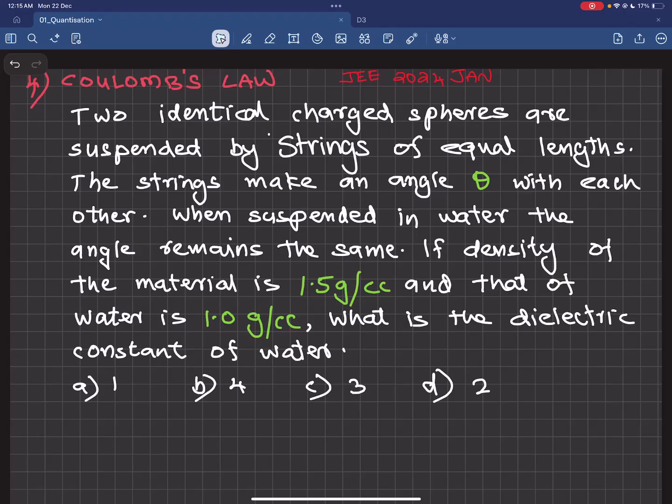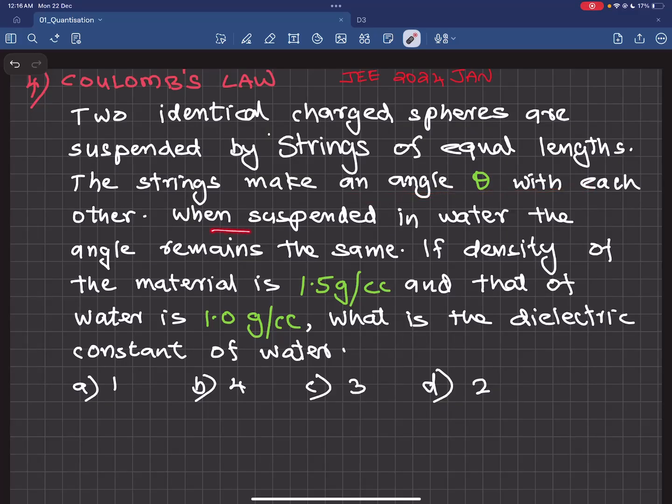This question is based on Coulomb's law in electrostatics and upthrust in fluid dynamics. This was asked during the year 2024 January for JEE. The question says two identical charged spheres are suspended by two strings of equal length. The strings make an angle theta with each other when kept in air.